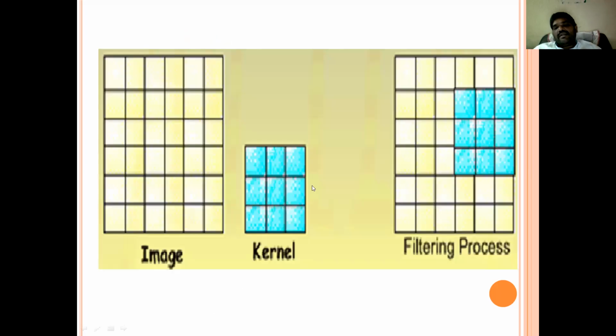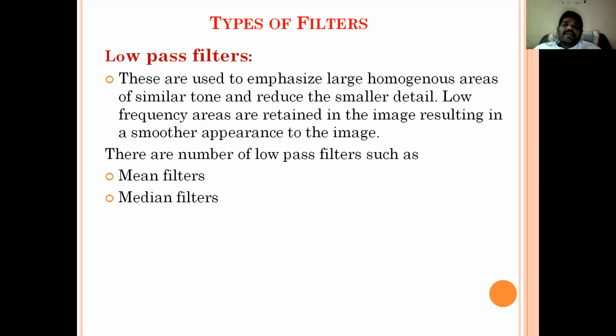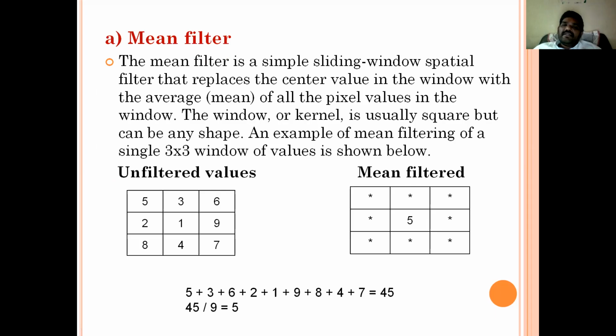It moves over the original image to replace the value. If you want to replace the value here, it moves one column forward. Like this, the entire image can be modified. There are two: one is mean filters, and another one is median filters.